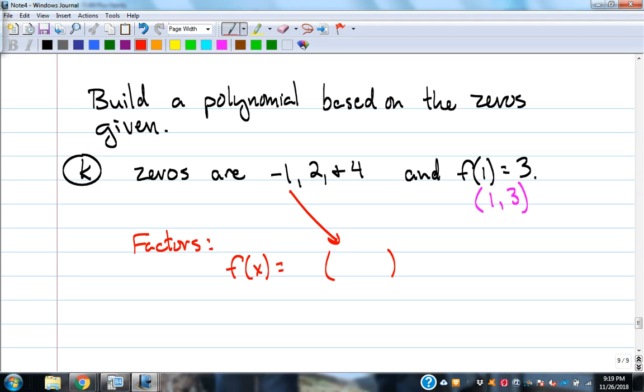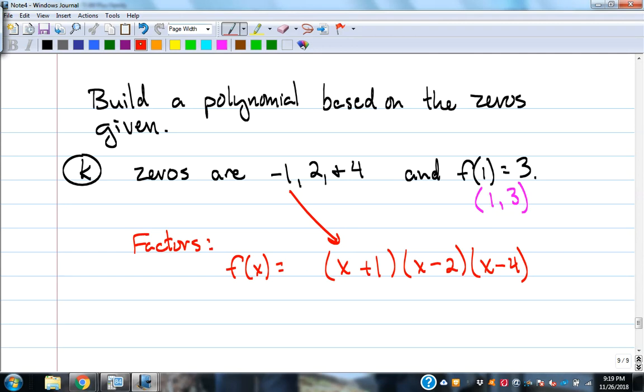Think about back to where we were doing the polynomials before, and they said x plus 5 is a factor. That meant you used the opposite of that. So the factor that goes with -1 would be x plus 1. What's the factor that goes with +2? X minus 2, and 4 would be x minus 4.